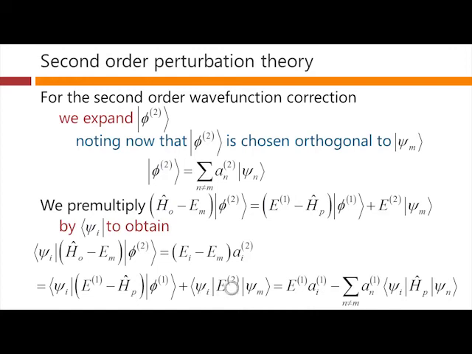And that means that this term always vanishes by choice, because we're never dealing with psi m, psi m. It's back to this original choice that phi 2 is going to be orthogonal to psi m, and similarly phi 1 is orthogonal to psi m. So we're never going to ask for the coefficient where we chose to pre-multiply by psi m. So therefore, this term vanishes since that's just a number. So we're left with just these two terms.